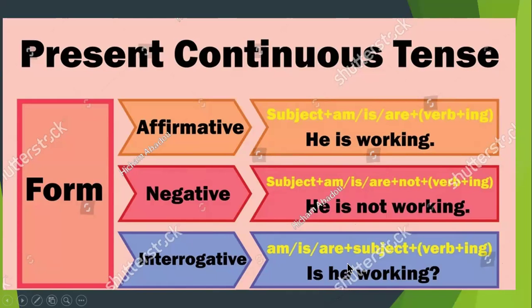Is she your sister? Is he our new classmate? In simple present. For present continuous, it's the same. The verb to be goes before. Is he working? Is she traveling? We use the verb to be at the beginning. Very good.